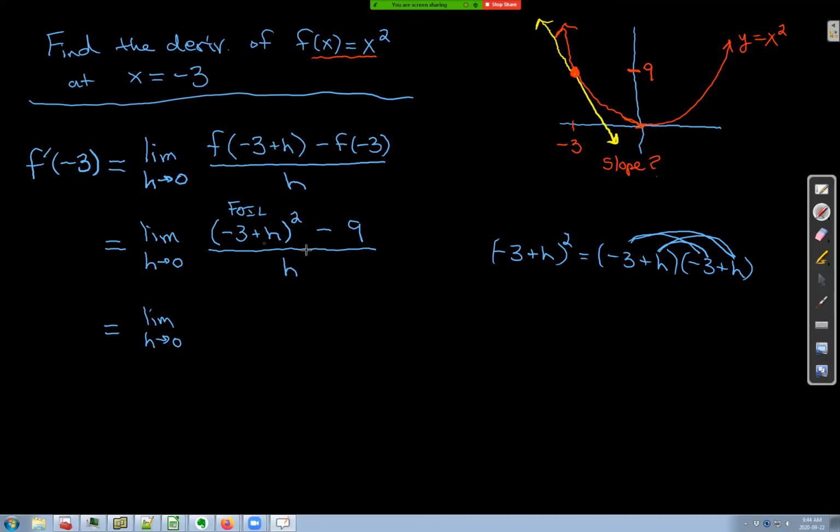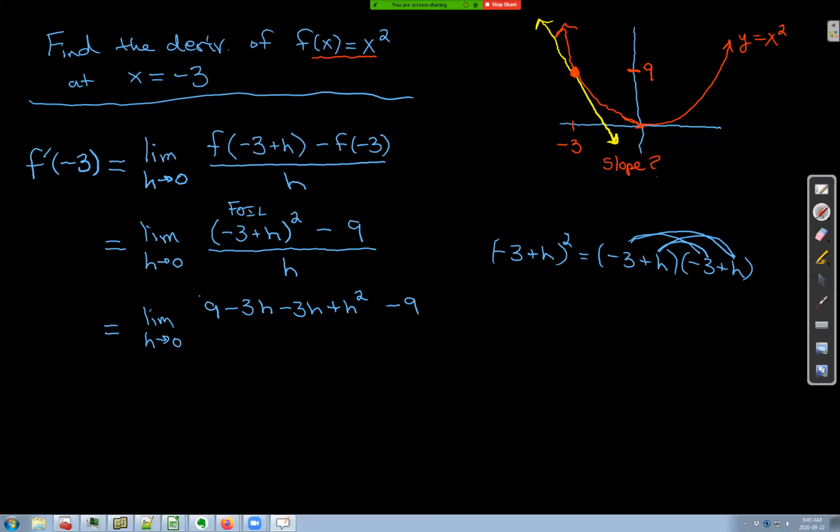So, when I do negative 3 times negative 3, I get 9. And then when I do a negative 3 times an h, I get negative 3h. And then when I do h times negative 3, I get another negative 3h. And then when I do h times h, I get h squared. And then don't forget about the minus 9.